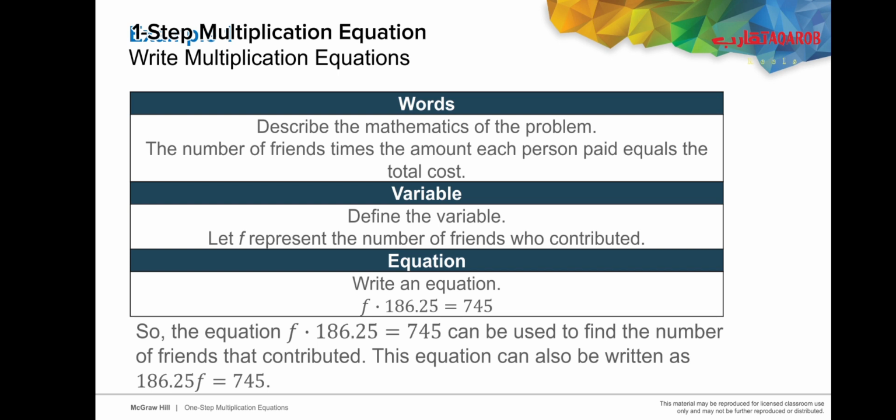After that, I will write the equation. F, the number of persons, times the price of each ticket equals the price of all of the package together, the total cost that they must pay, which is $745. So we form the equation: F times 186.25 equals $745.